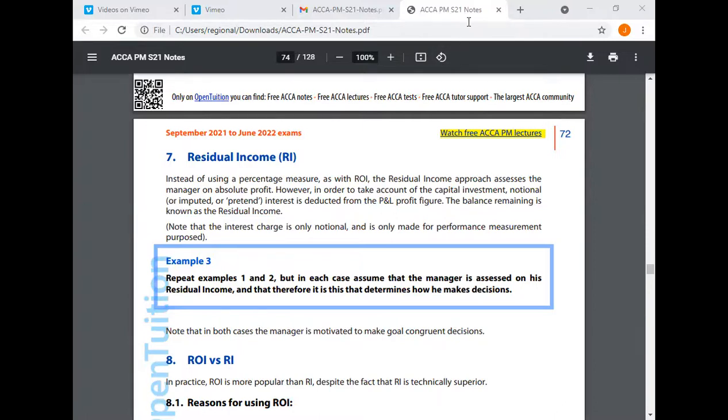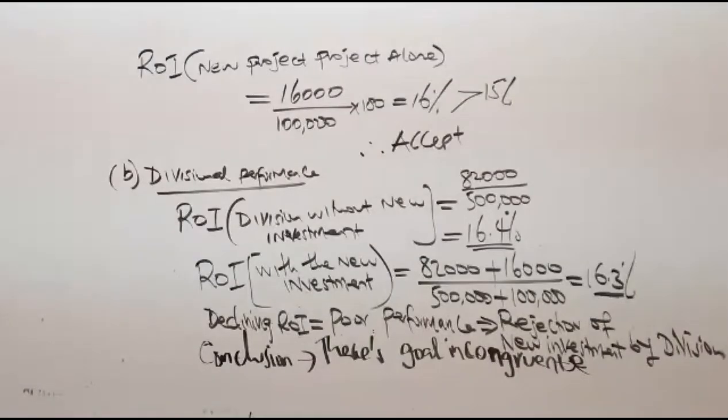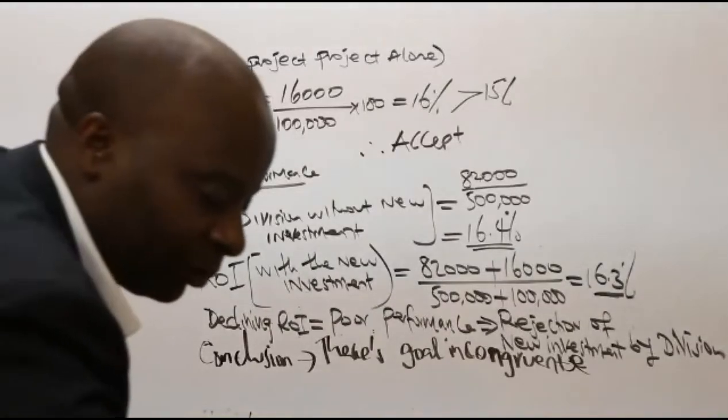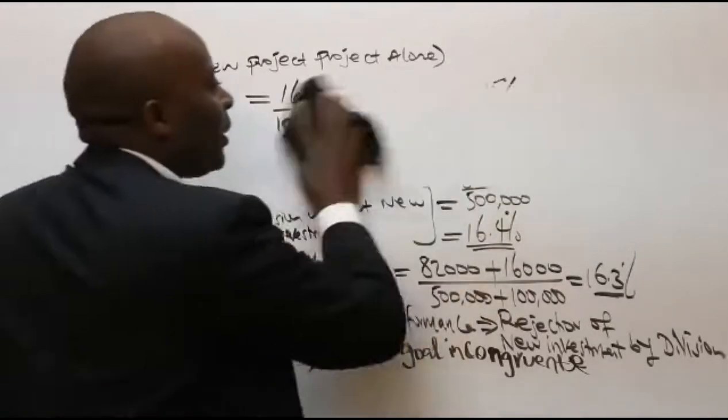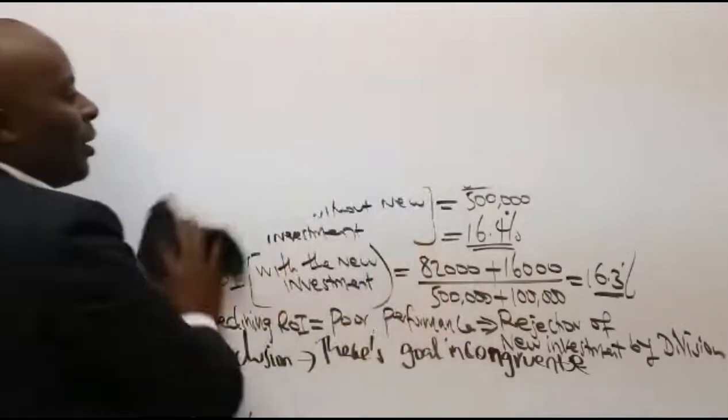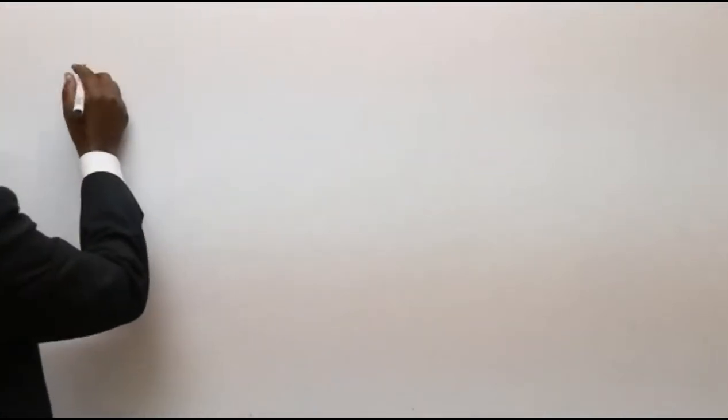So the first thing that you're supposed to know about residual income is this: residual income is among those concepts that I'll never get wrong, simply because I know most of you love Coca-Cola.